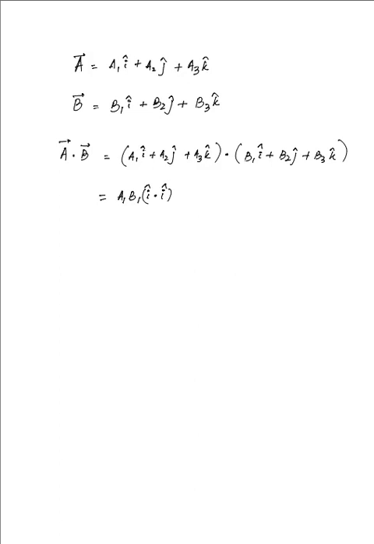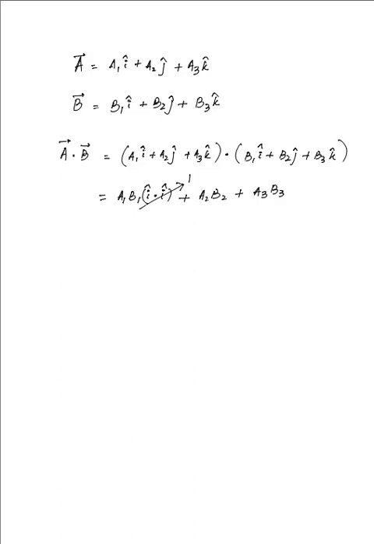So only i cap multiplied with i cap terms in case of dot product. j caps get multiplied with j caps, and k caps get multiplied with k caps. The resulting value is obviously equal to 1 with these dot products involved. So all I have is a2 b2 plus a3 b3 for the rest of the multiplications that are available there.